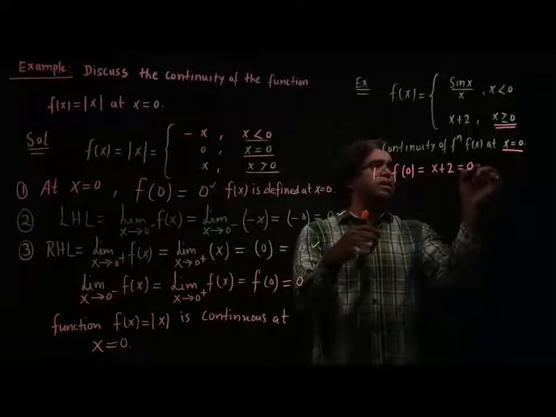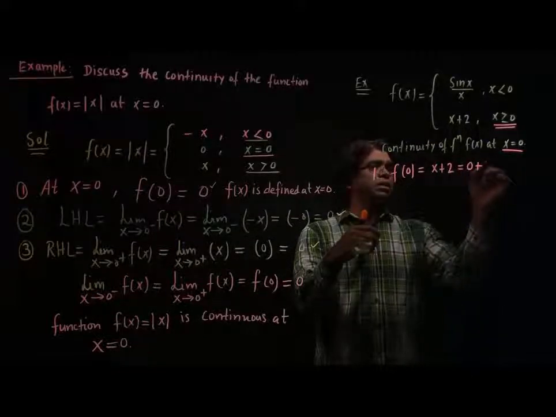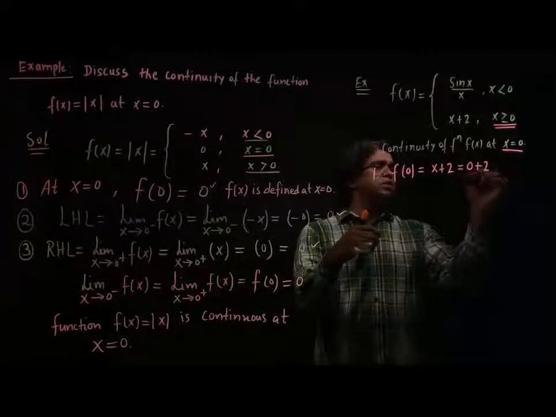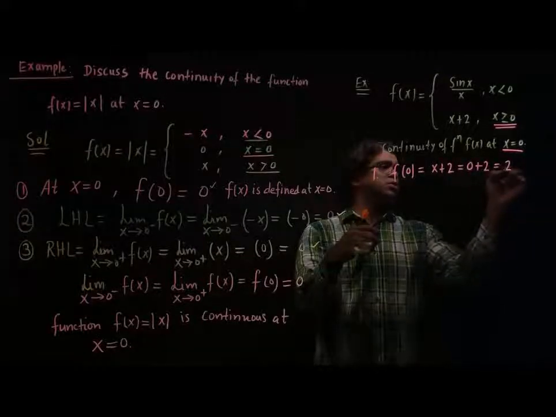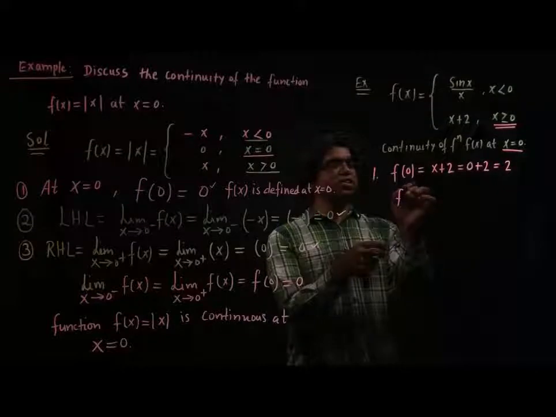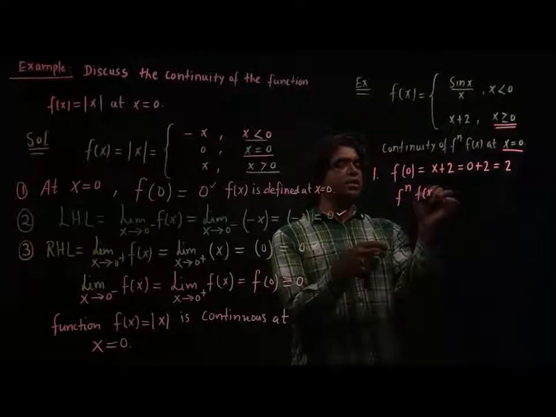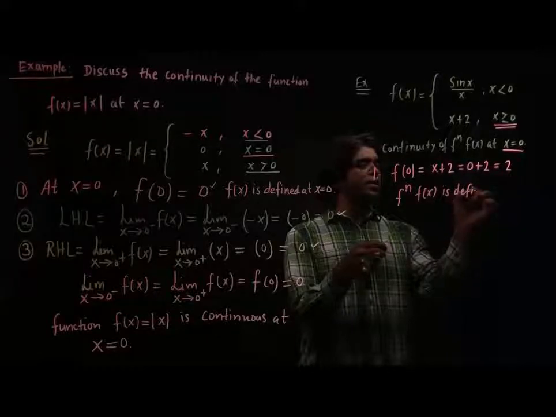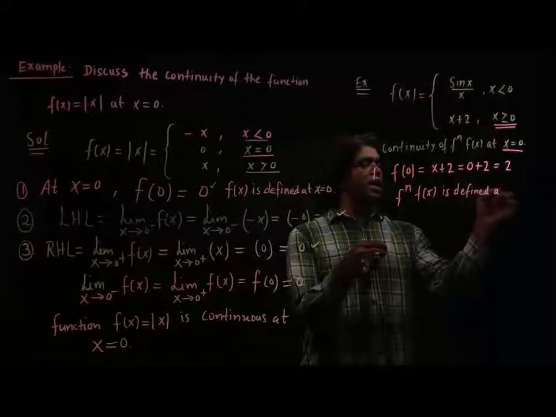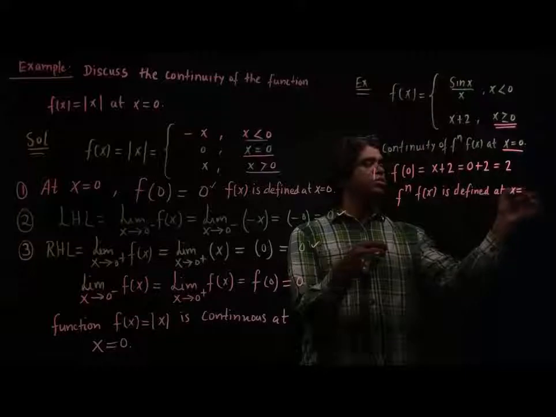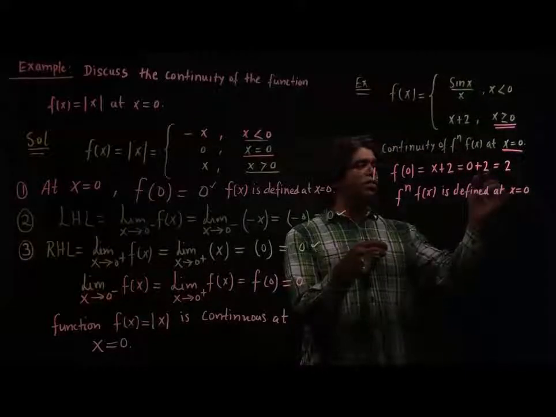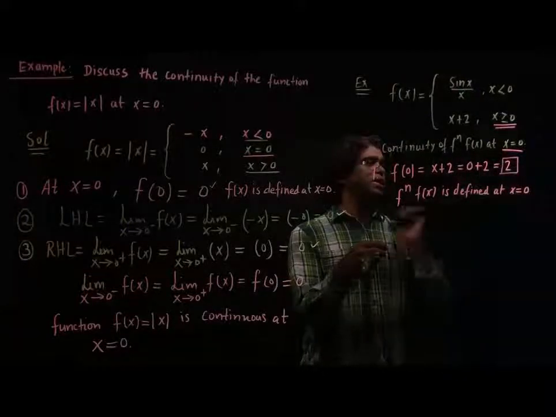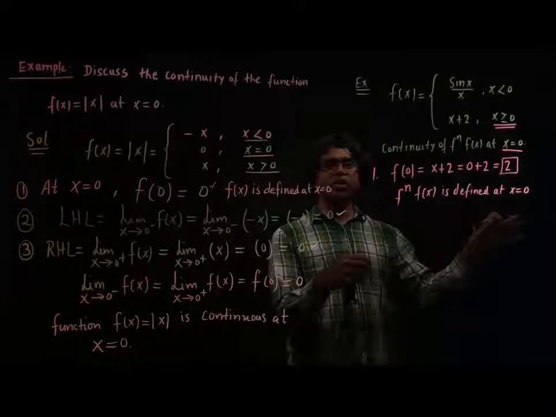So I will write 0 plus 2, and 0 plus 2 is 2. So we can say that function f(x) is defined at x equals 0. And the value of the function is 2, right here.